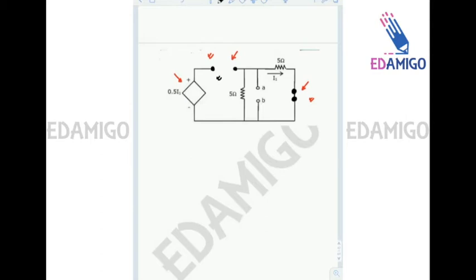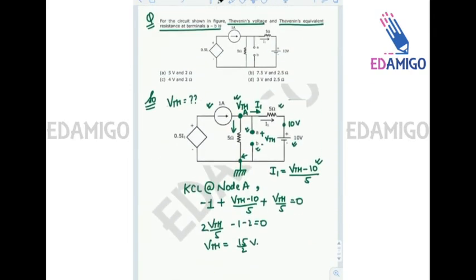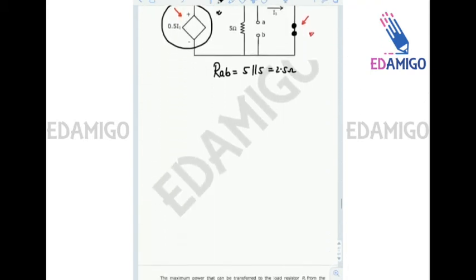By doing this, we can see that this dependent source is of no use now. So we can easily see that RAB is the parallel combination of 5 and 5 ohms, that is 2.5 ohms. So VTH is 7.5 and RTH is 2.5 ohms. So option B is the correct answer.